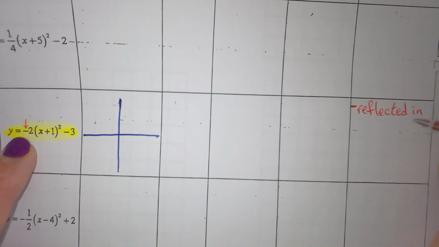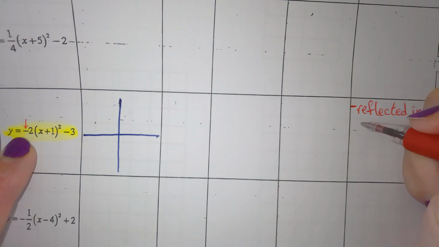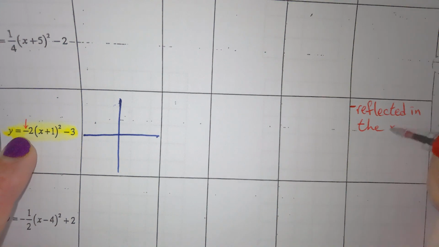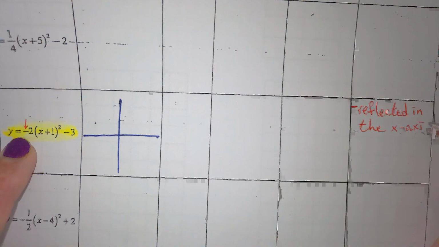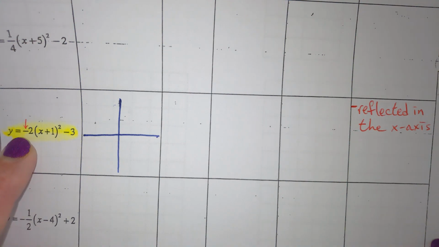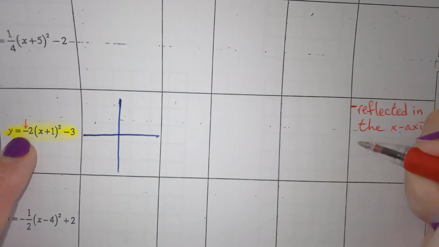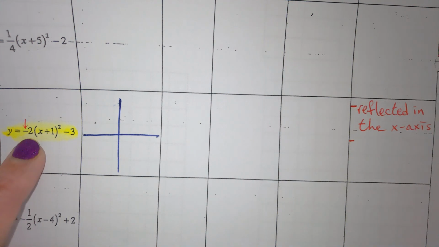So here, reflected in the x. I want you to get in the habit so that in grade 11, you don't get confused. Okay, what about the 2 in the front?